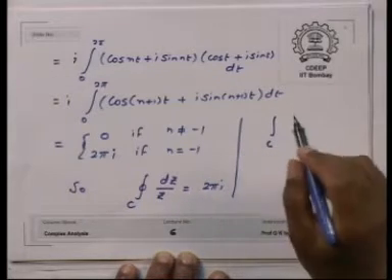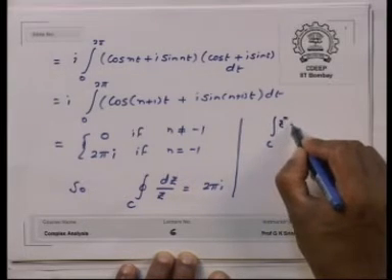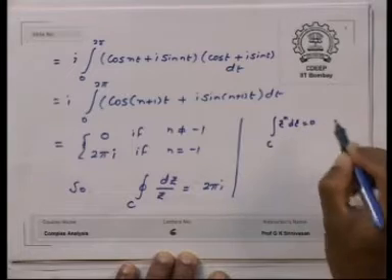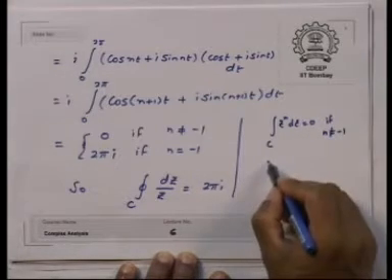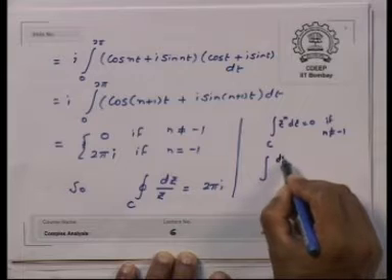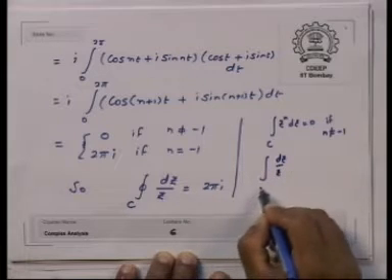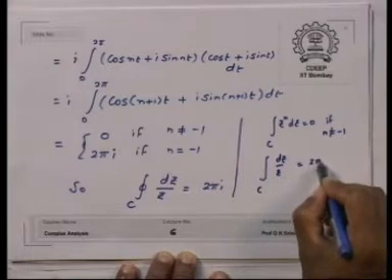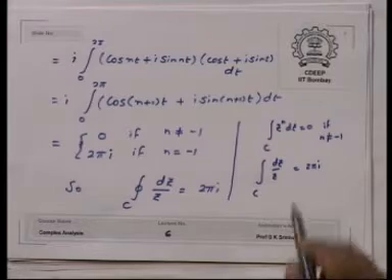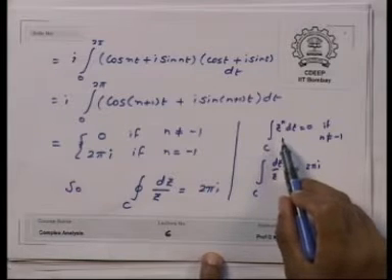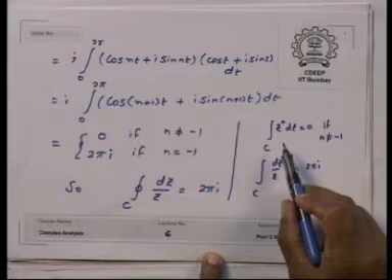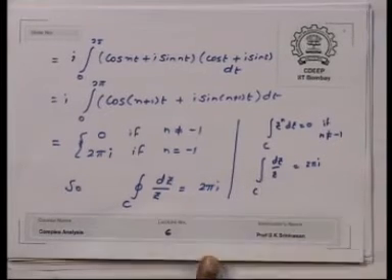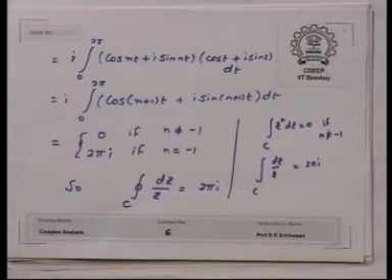Integral over C of z to the power n dz equal to 0 if n is not equal to minus 1, integral of dz upon z over C equal to 2 pi i. In particular, integral of 1 over z squared dz is 0, integral of 1 over z cube dz equal to 0 over the circle, right? Clear?